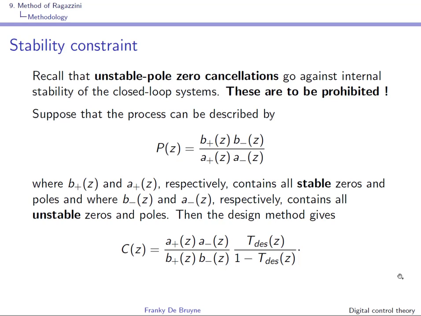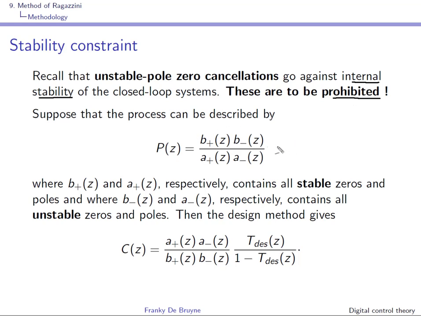Remember also that in this design we have the possibility of unstable pole zero cancellations, and these are of course prohibited because they go against internal stability of the closed loop system. If this comes as a surprise, you should have a look at the section about internal stability.